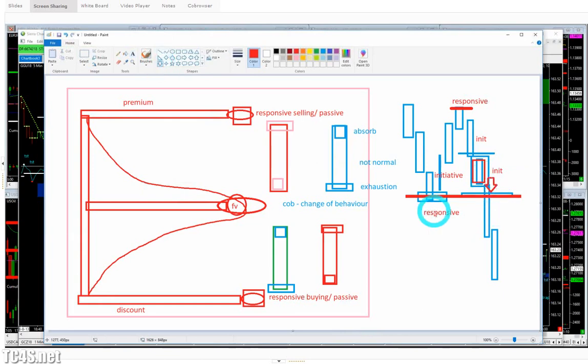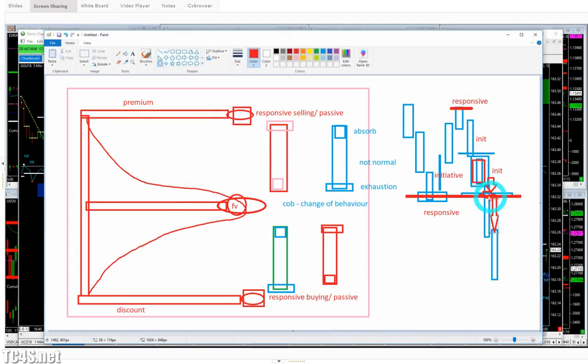And obviously what happens is all these responsive buyers who are still in this trade, by the way, they're still buying this trade, but all of a sudden, instead of finding a decline in volume, they find an increase in volume, and they say, oh, to hang with this, I'm in the wrong trade here. And they obviously get off their trade, they become sellers, and their selling is usually going to be stops. Well, stops are obviously new initiative selling, isn't it? A stop is a market order, and that's going to be initiative trade to the downside, isn't it? And it may well find that it just keeps going.